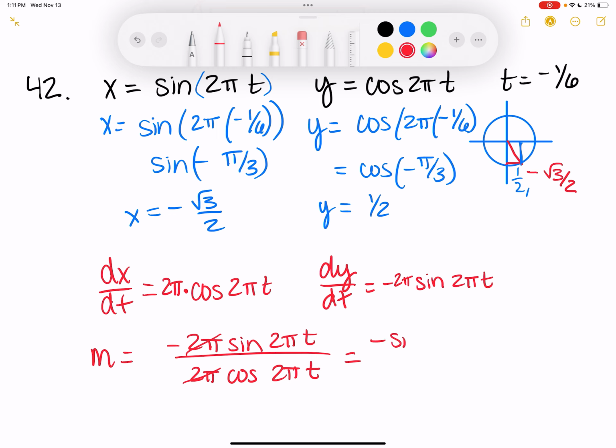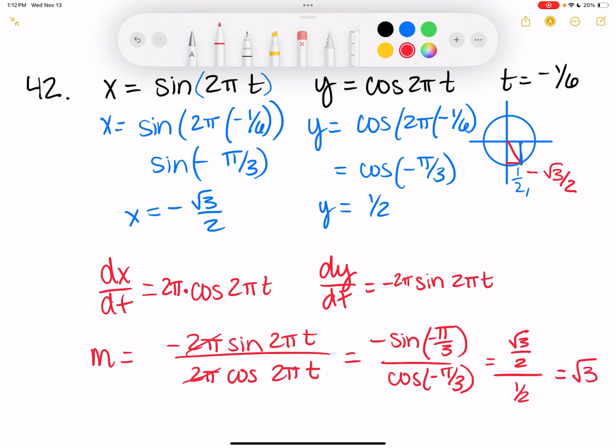So negative sine of negative pi over 3 over cosine of negative pi over 3, which we already know those values. The sine one is negative root 3 over 2, but times a negative, so root 3 over 2 divided by 1/2. So the slope is root 3.